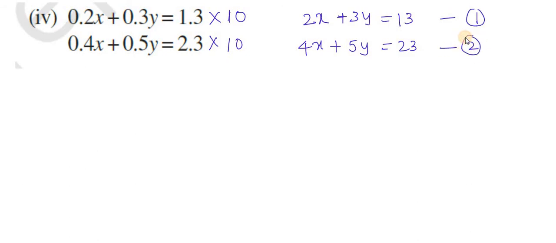Is it clear? Now the remaining thing is the same as we did for the last problems. I'll take equation 1 or equation 2 and isolate one of the variables, x or y. I'll take equation 1: 2x plus 3y equals 13. So 2x equals 13 minus 3y.